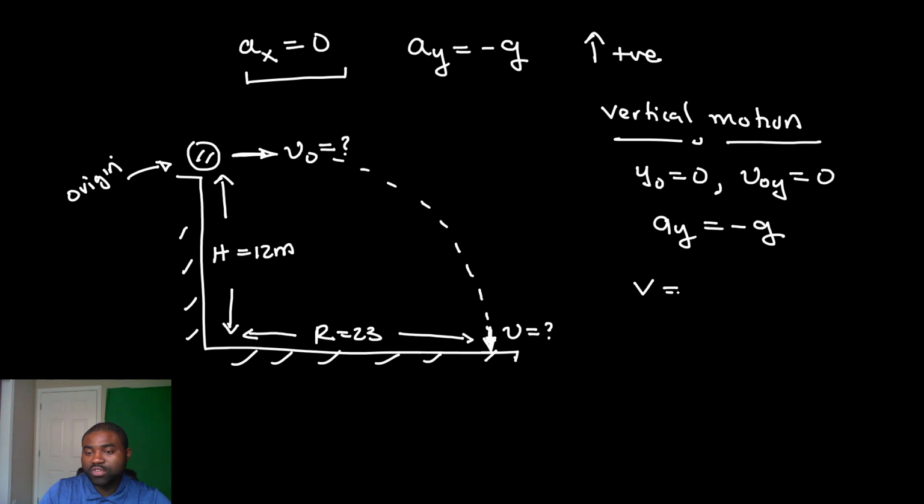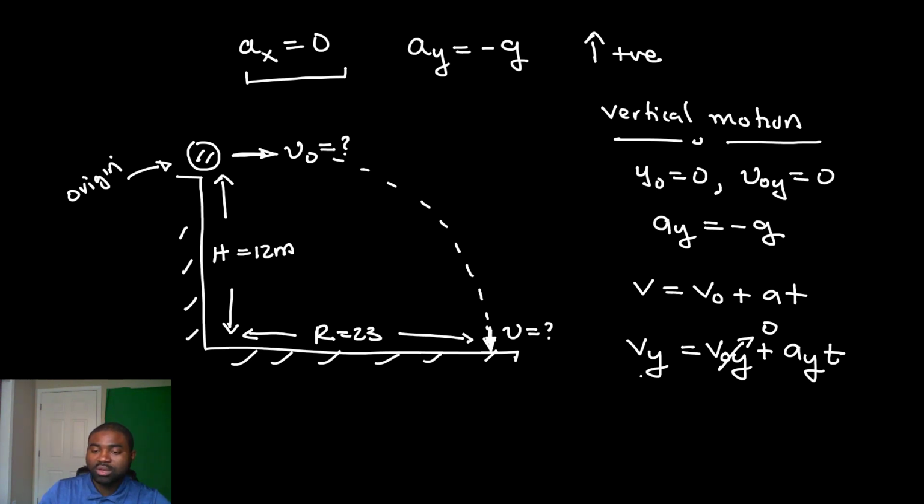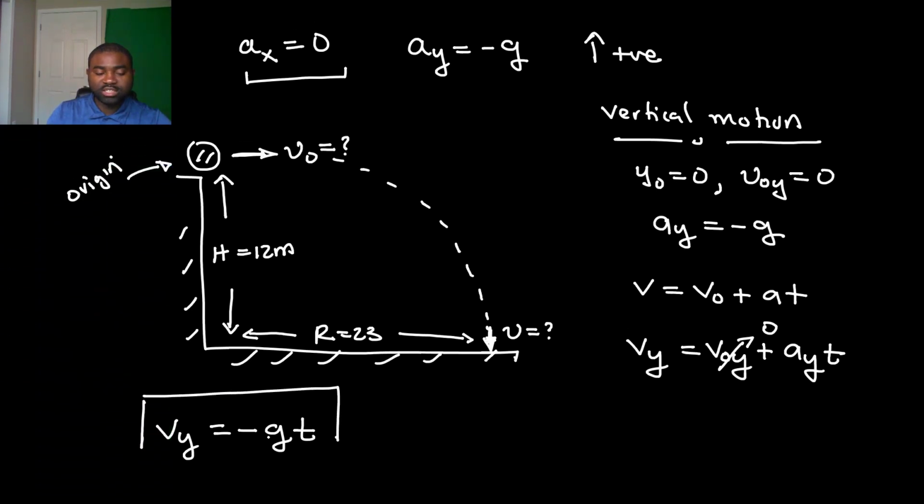Generally, v is equal to v naught plus at, which means that vy is equal to voy plus ayt. But in the y direction, the initial velocity is 0. Therefore, generally, vy will be equal to negative g multiplied by t. So this expression right here shows us how the velocity in the y direction changes.